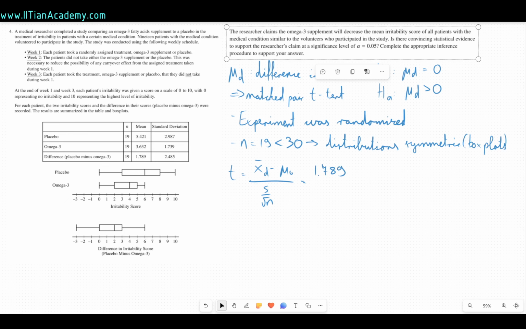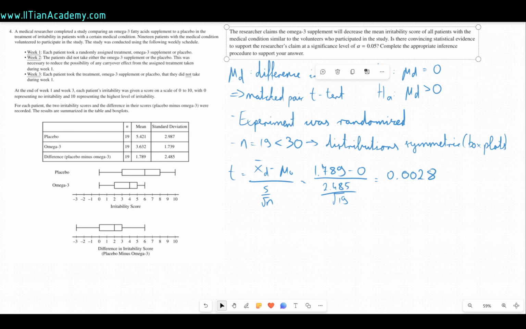Mu 0 here is simply 0, that is our null hypothesis. We divide this by the standard deviation, which is 2.485, divided by root 19, the number of samples. This will give us the value of the test statistic.